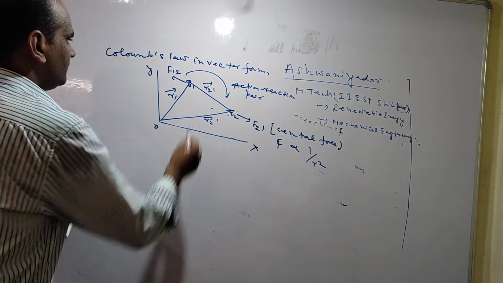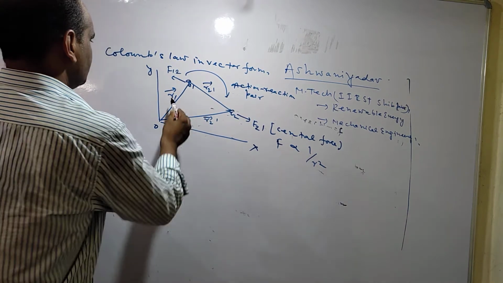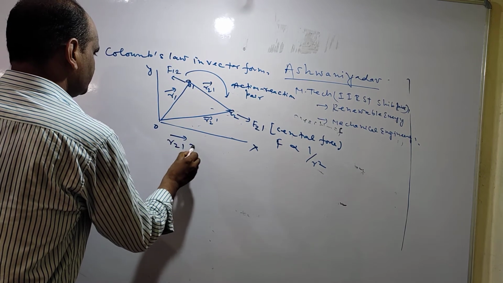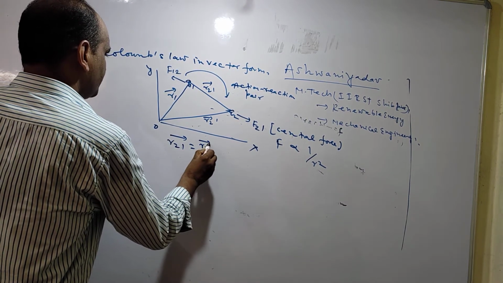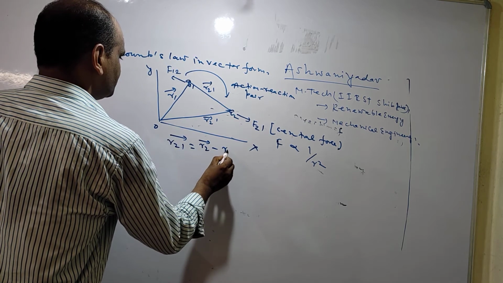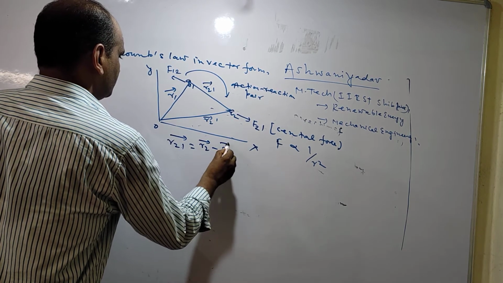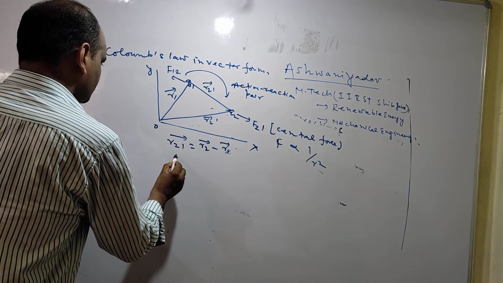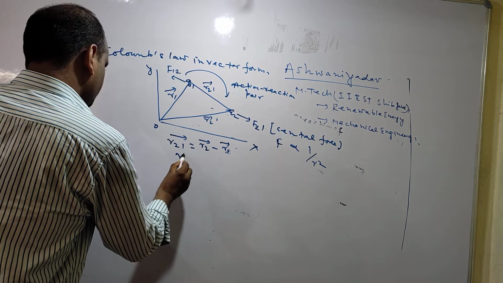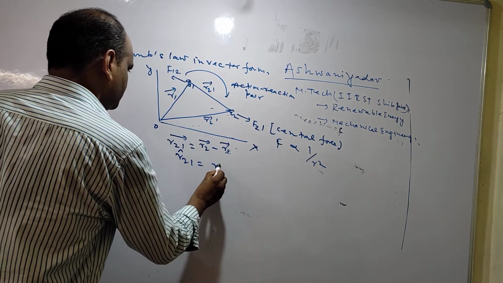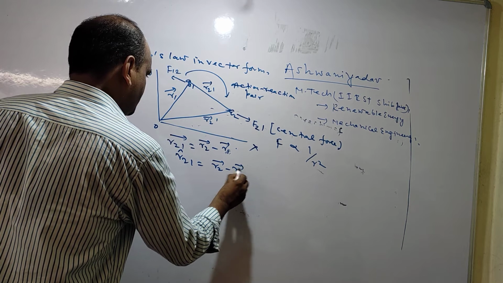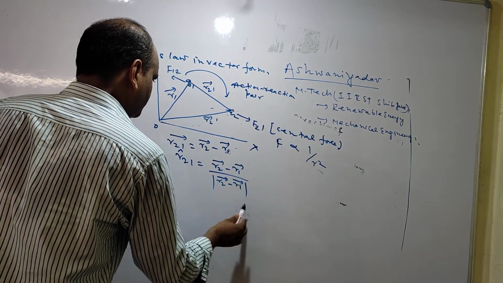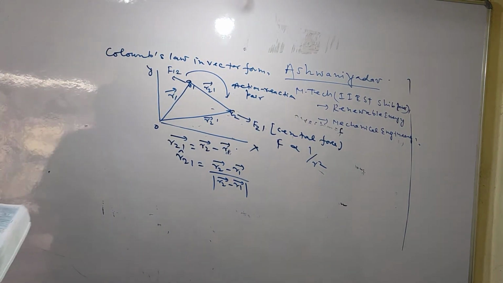Now, this is the position vector, and r21 is nothing but the position vector r2 minus the position vector r1, and the unit vector r21 is equal to vector r2 minus vector r1 by its magnitude.